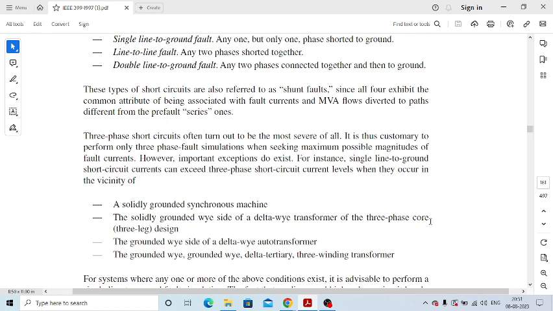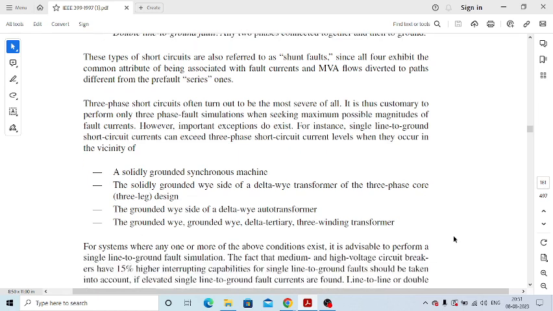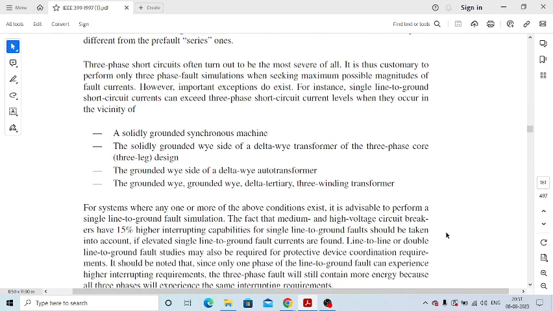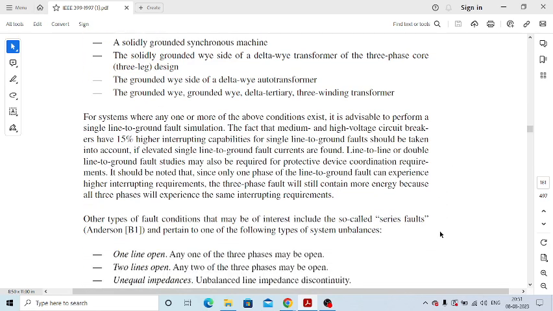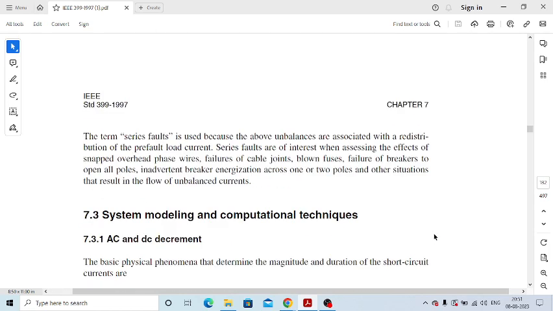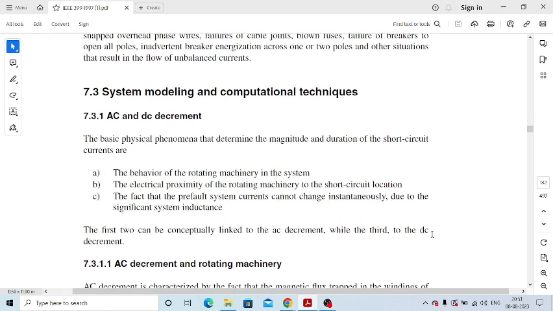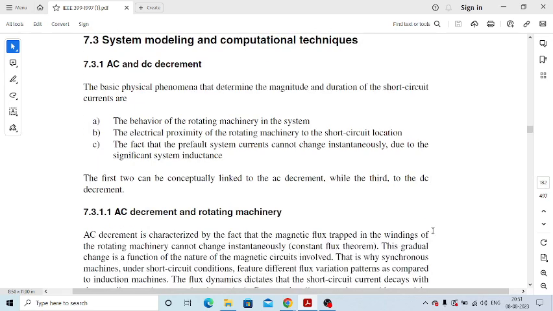You should have some basic information about the power system, especially machine dynamics and power system protection. After that only you should start working on the short circuit analysis.